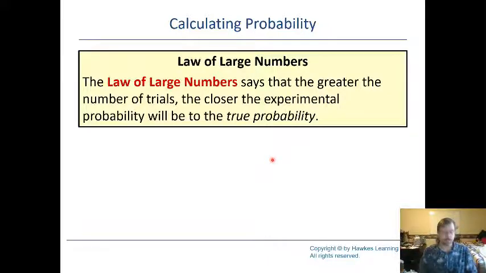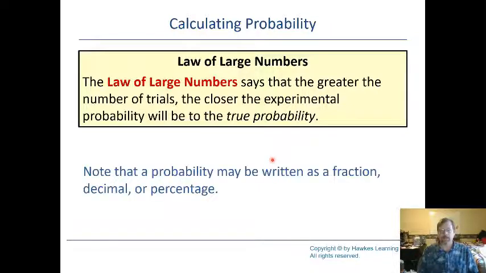That'd be what? 1.67, sorry, no, 16.67% probability of rolling a 1 each time. The more times I roll my dice and record that, the closer I'm going to get to approximately 17% probability.